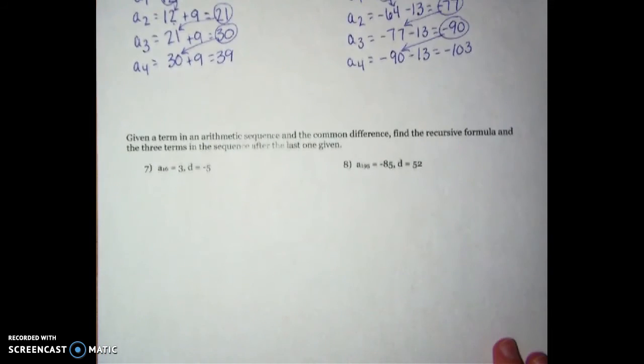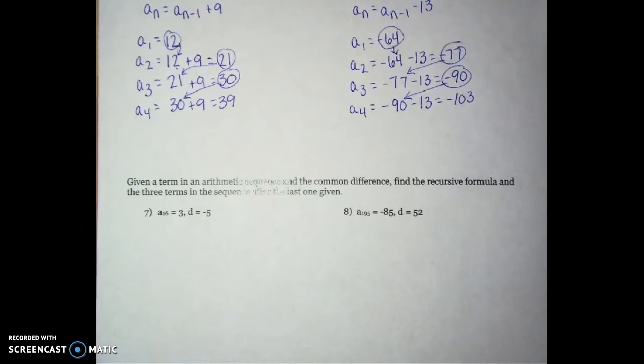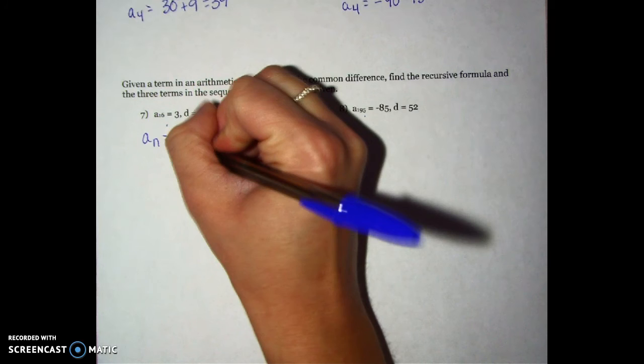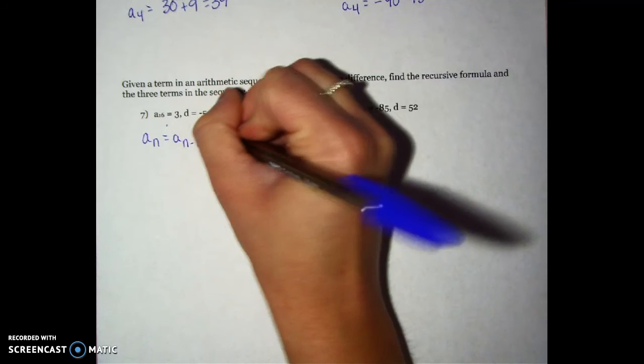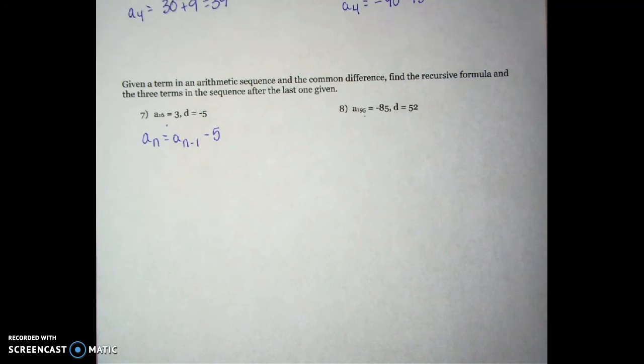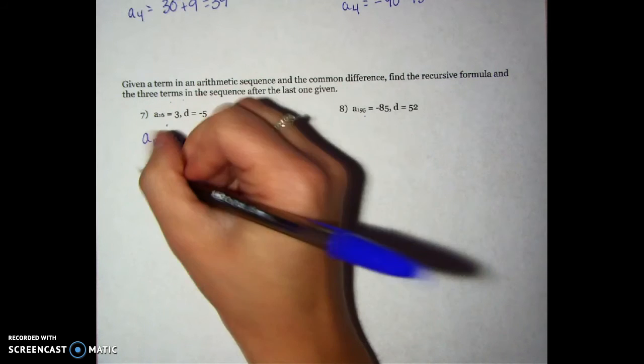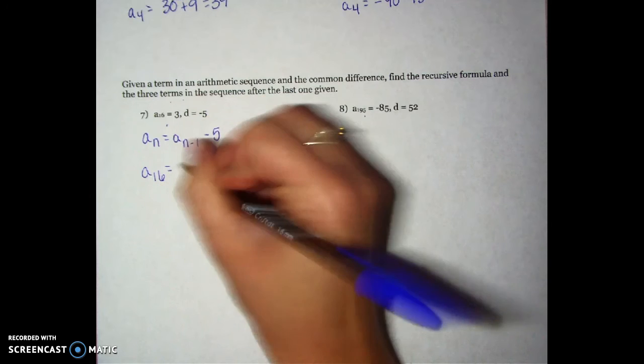Okay, numbers 7 and 8 are kind of similar to what we're doing, except we're not starting at a sub 1 now. We're going to start at different numbers. Okay, so first start with your formula. A sub n equals a sub n minus 1 minus 5. And it says find the next three terms. So I already have a sub 16. I know that's 3.